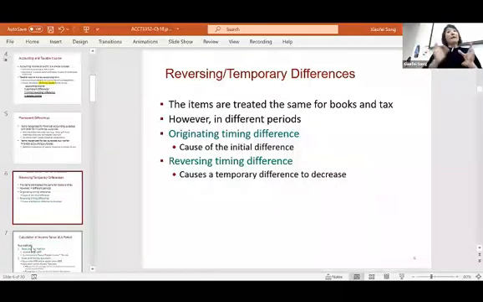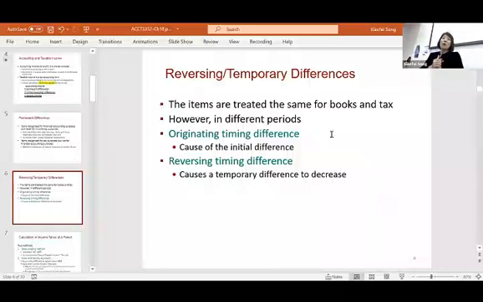These are the items where the accounting rules and tax rules do not disagree on whether it should be included or not. However, they disagree on when it should be included. So the items are treated the same for books and for tax, but in different periods.